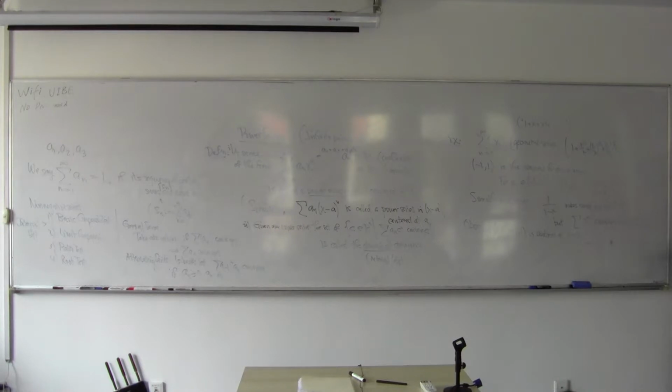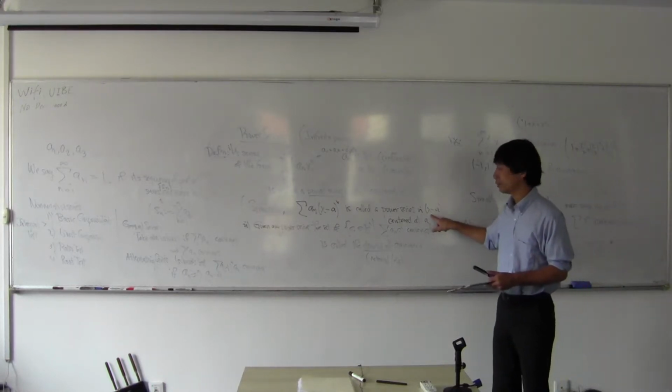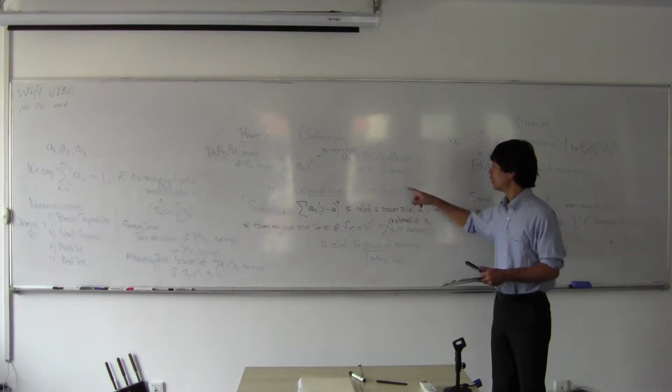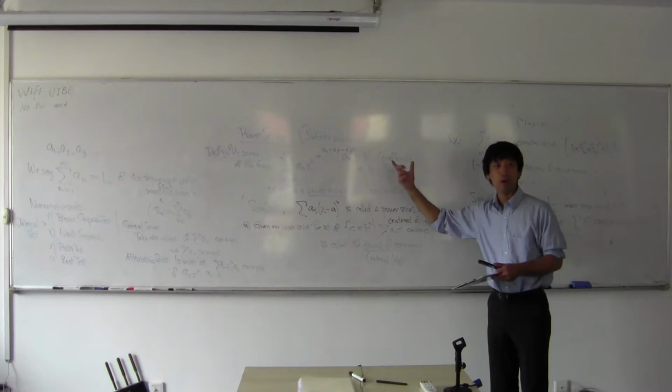And that actually will turn out to be something that happens all the time. It's not a coincidence that this happened. For these series, the set of convergence will always be centered at a. For these series, they will always be centered at 0.